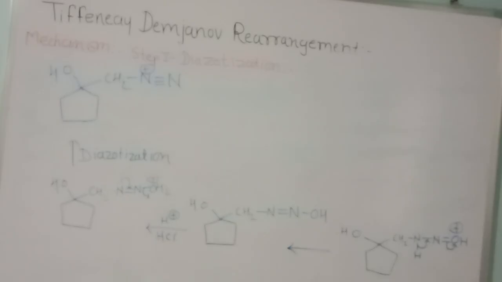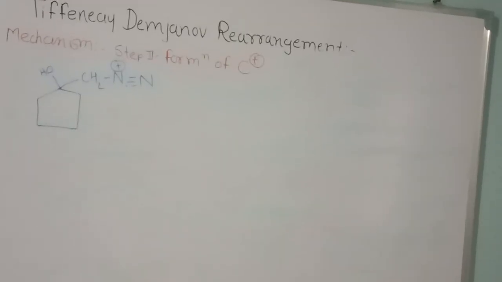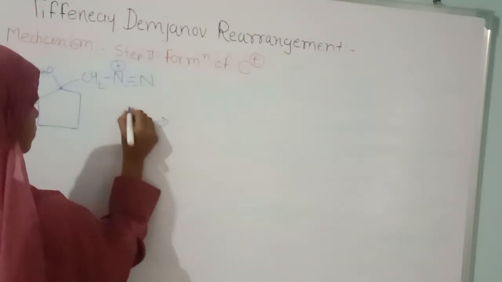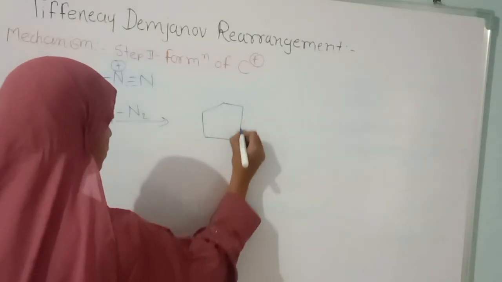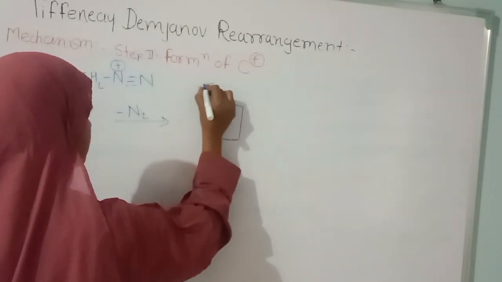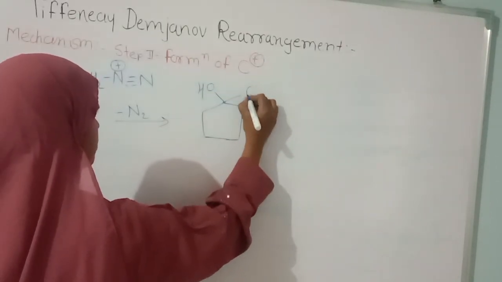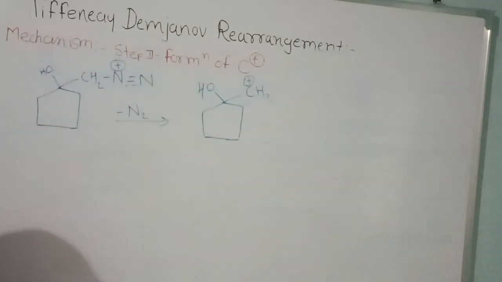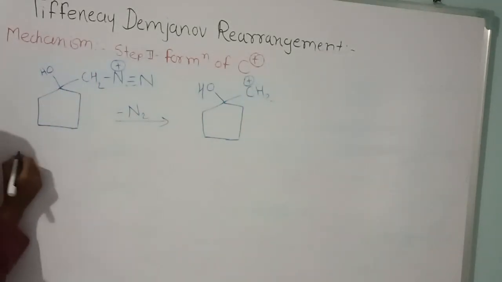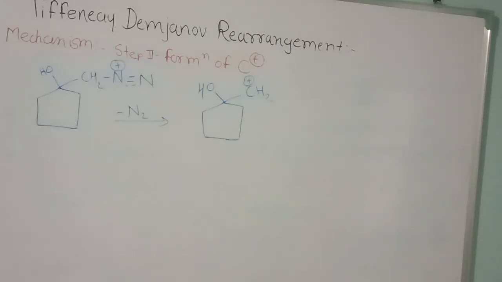Then the next step, after the diazotization, is formation of carbocation by loss of N2. Then what will be the carbocation formed? And the third step is rearrangement.